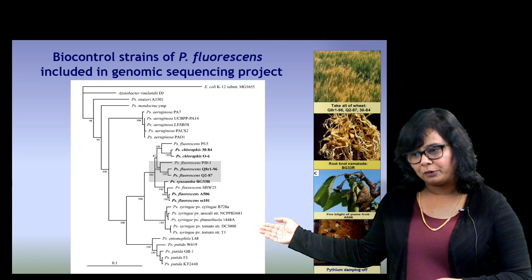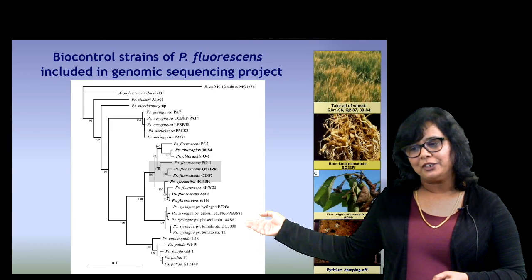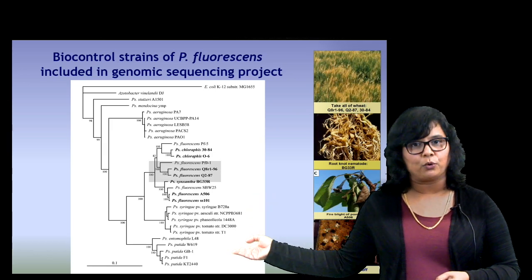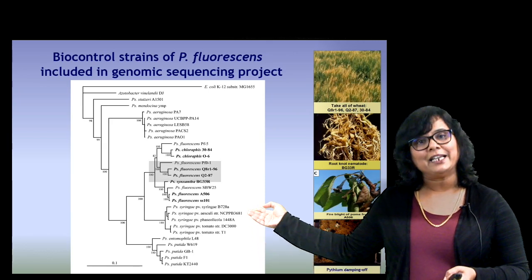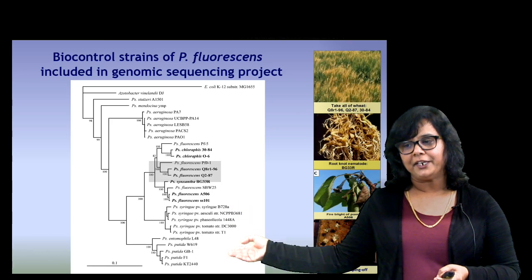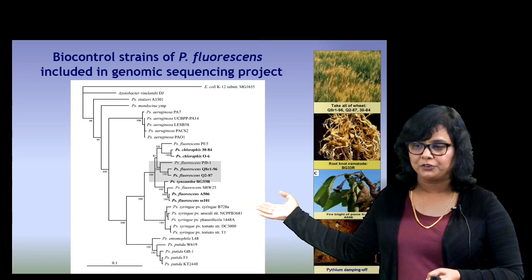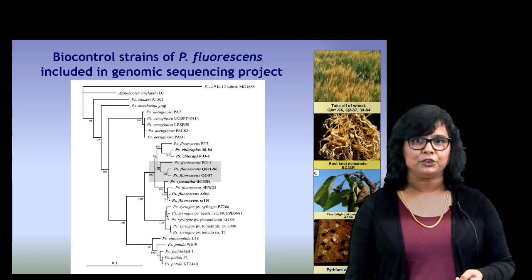And what we're trying to understand in our basic research question is, how do these different organisms that belong in the Pseudomonas fluorescens group relate to each other? How are they divided up in the family tree, if you will? So this is a phylogenetic tree, which is really a scientific term for a family tree.